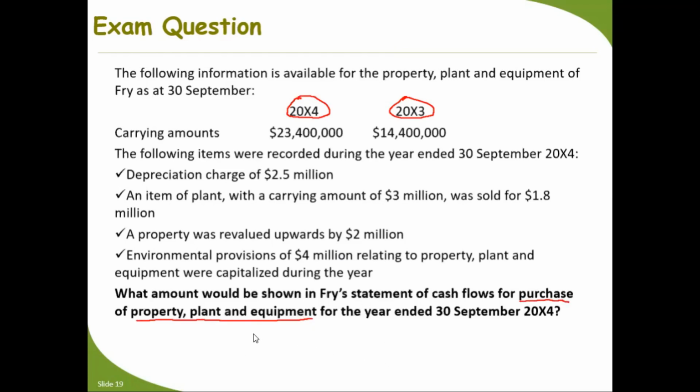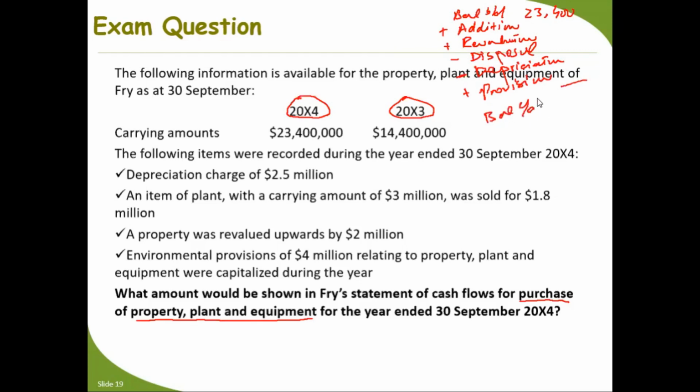Now, what is the opening balance? What proforma we have used: balance brought down, which is in thousands, 23,400 plus addition, plus revaluation, minus disposal, minus depreciation, plus provision because it was capitalized, equals closing balance, balance carried down.